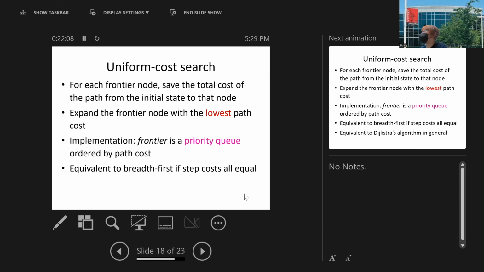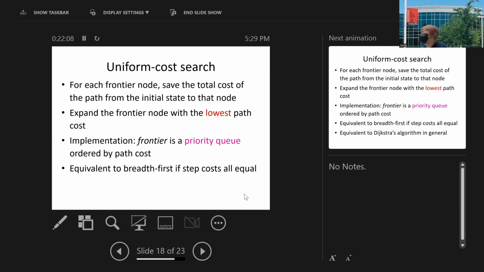And if it's varying cost, then basically it's Dijkstra's algorithm. Okay, this is uniform cost search. And we can take a look at this same example with uniform cost search.